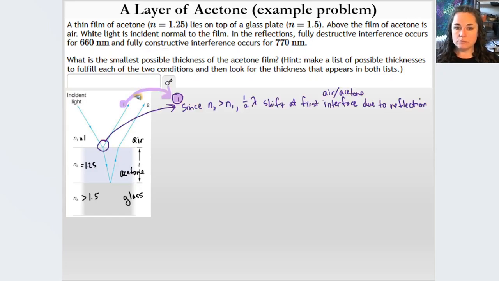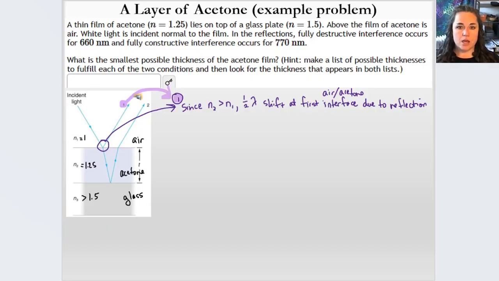Ray 1 here, I'm going to notice at this purple point of reflection between those two surfaces, since the acetone index of refraction is greater than the air index of refraction, we're going to get a half a wavelength shift at that first interface, just due to reflection.